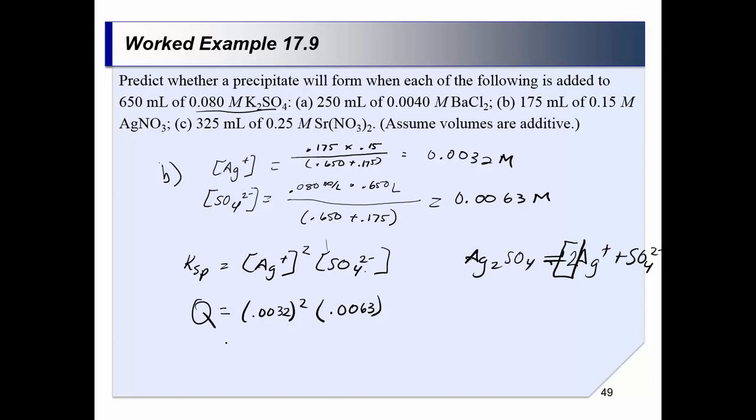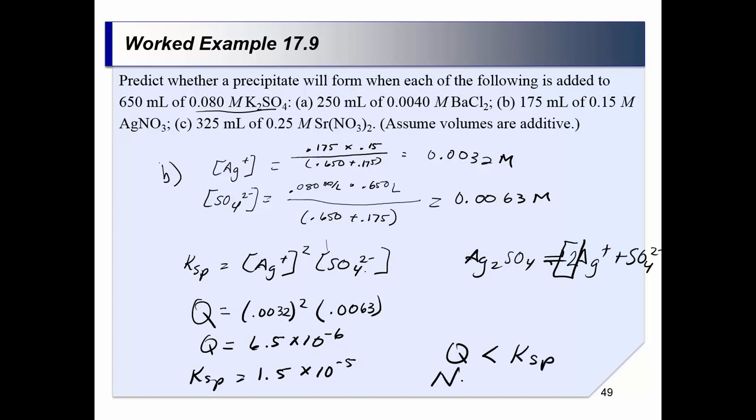My Q value then equals 6.5 times 10 to the negative 6. Well, my Ksp for silver sulfate, I looked it up, is 1.5 times 10 to the negative 5. So because Q is less than Ksp, there will be no precipitate.